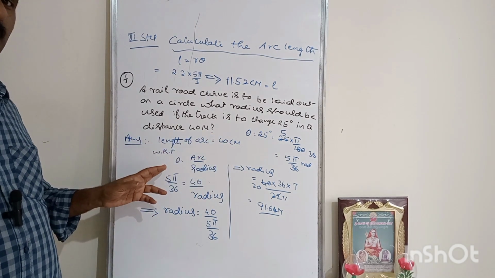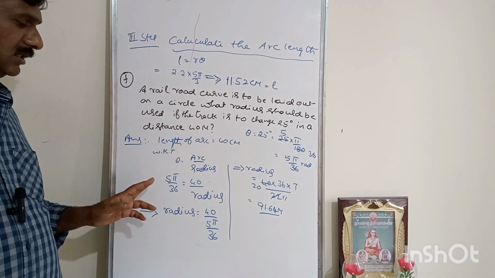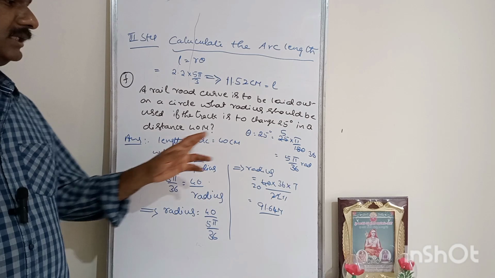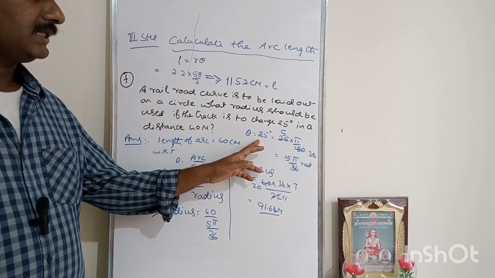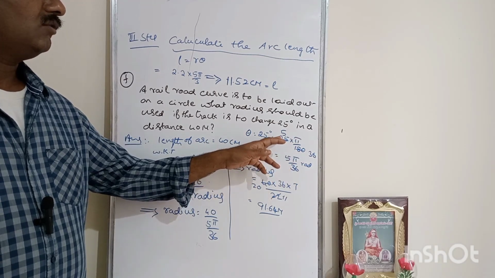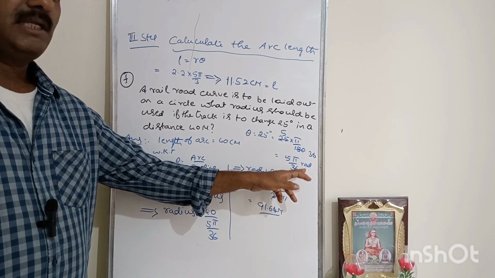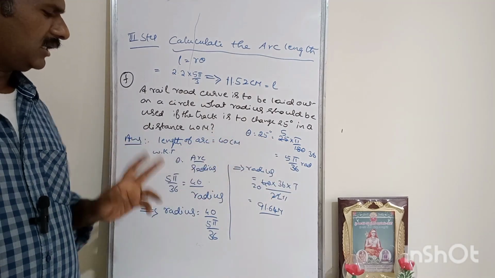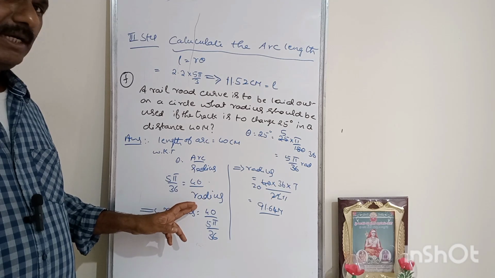We know that theta is equal to arc by radius. Therefore, if theta is equal to 25 degrees, we can calculate it in radians: 25 into pi by 180, that is 5 pi by 36 radians. We got theta. Therefore, 5 pi by 36 is equal to 40 by radius.